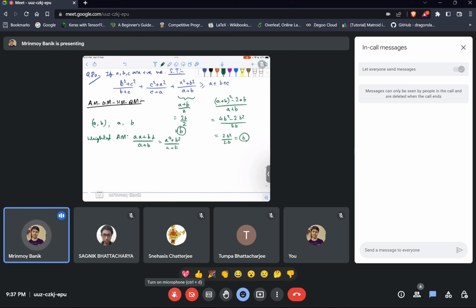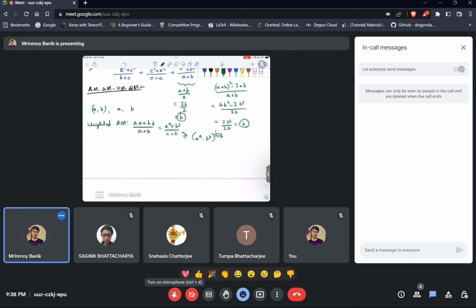Now if you use GM, it would be (a to the power a times b to the power b) whole to the power 1 by (a plus b). And that doesn't quite equate to (a plus b) by 2.